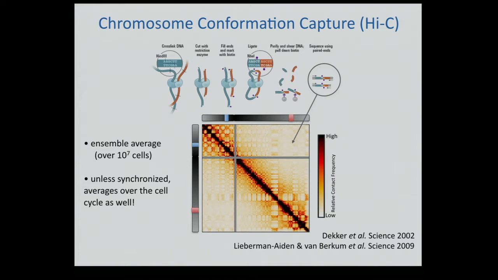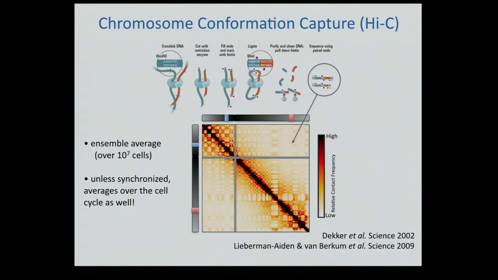A tool that everybody in the field is using, and I don't think this needs a detailed introduction, is the chromosome conformation capture method, which essentially gives you, in most cases, a population average map of pairwise contact interactions. Cells are first treated with formaldehyde to cross-link, then you ligate genomic regions to each other, then you isolate ligation junctions and sequence them.